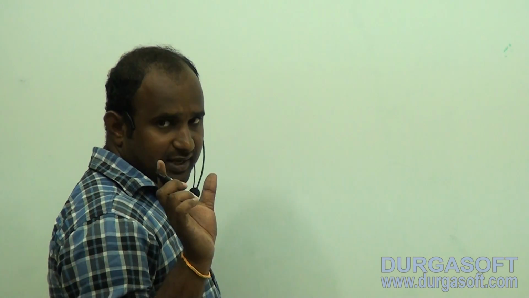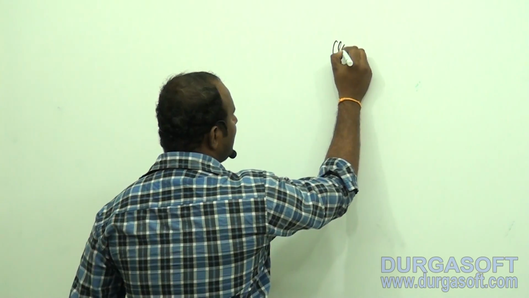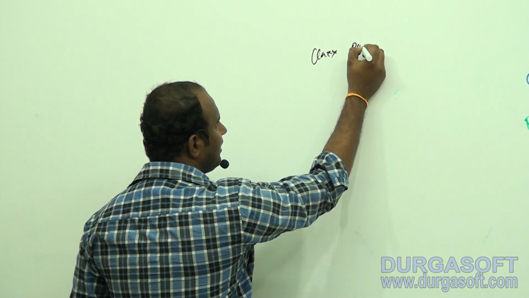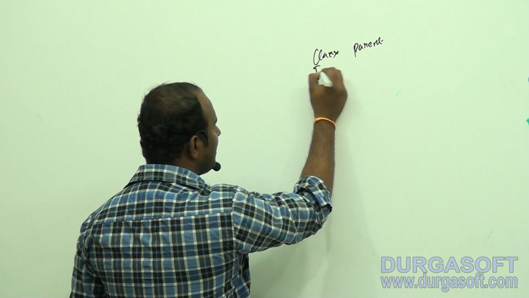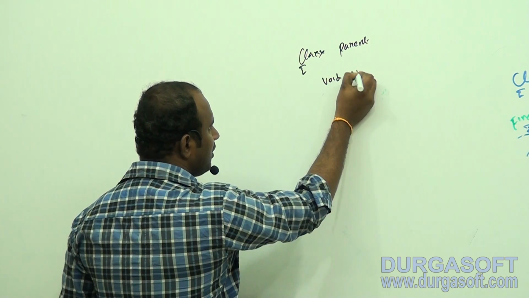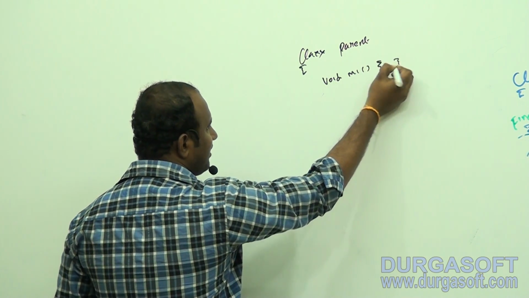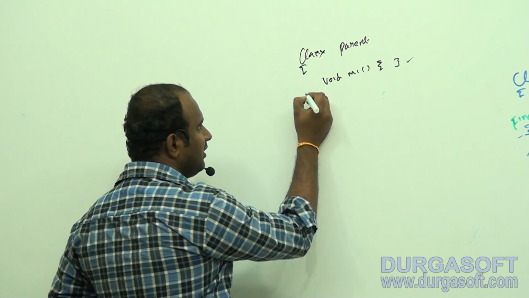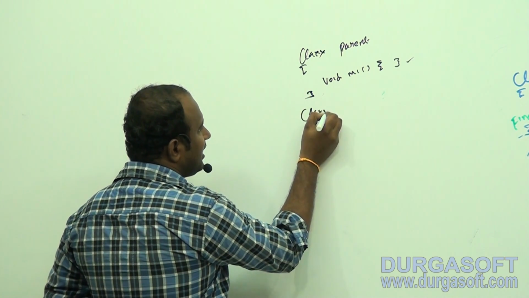So you know the parent class reference variable is able to hold the child class object, right? But now I am writing the methods. In the parent class I am declaring one method, void m1, assuming it contains some implementation. I declared class child.